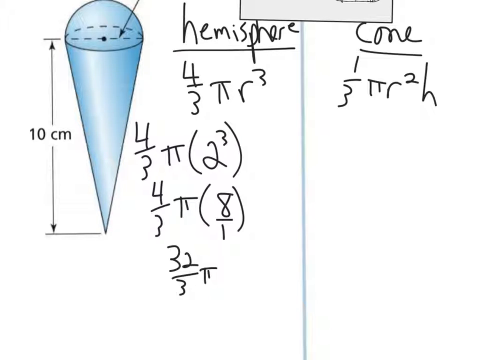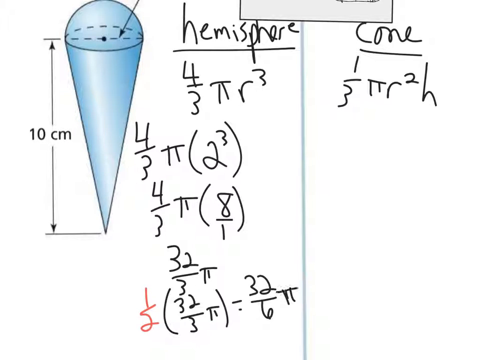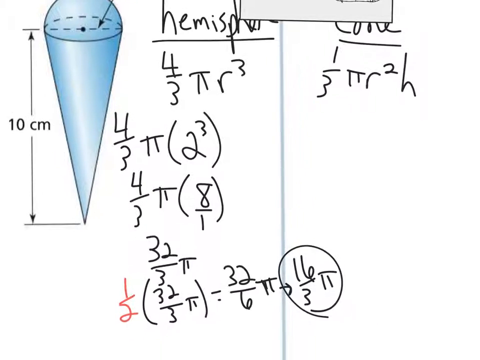I forgot that we were just doing half of a sphere, so I just did a sphere there. So really best would probably be to go ahead and put the half at the beginning, so you make sure you don't forget about that. So that'd be 32/6 pi. Or you could reduce that to 16/3 pi if you want for the hemisphere.